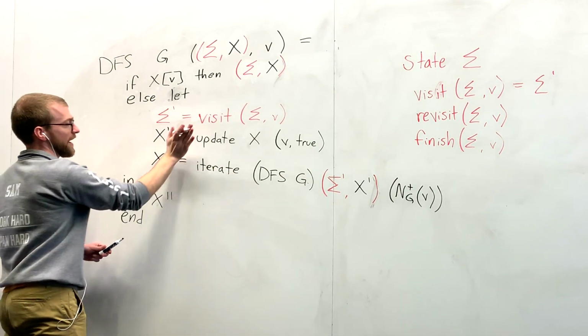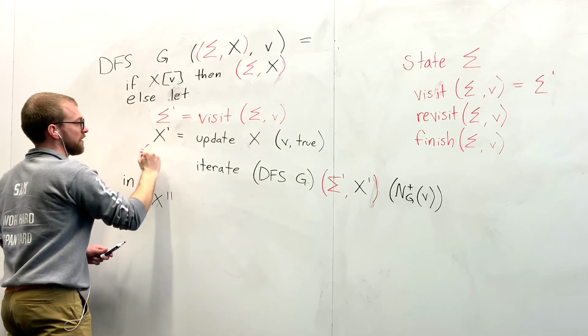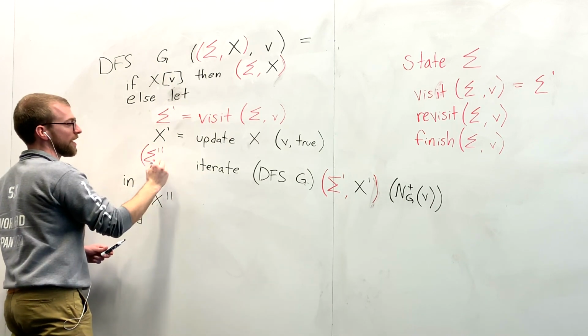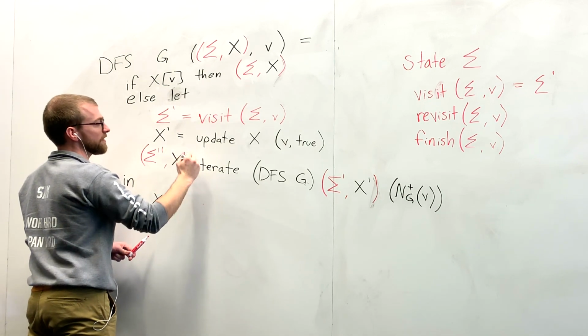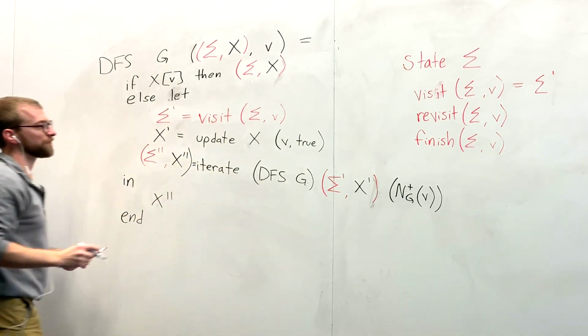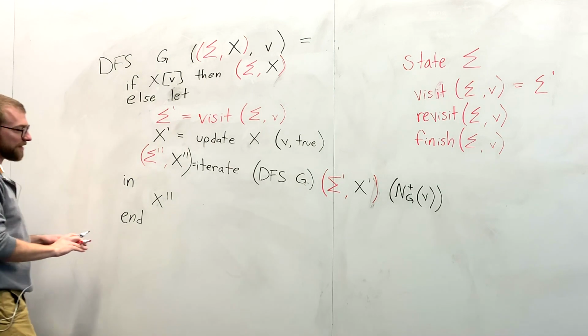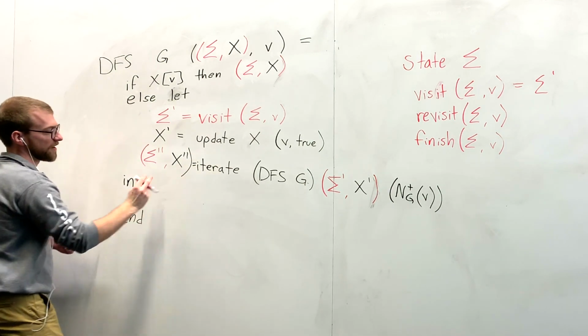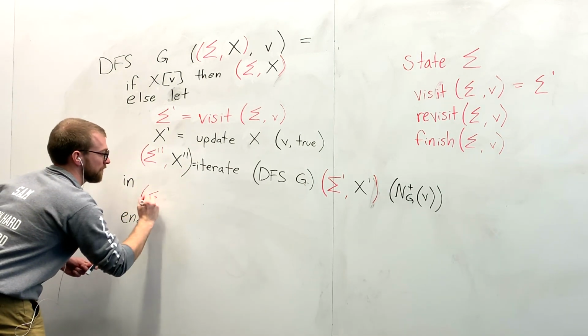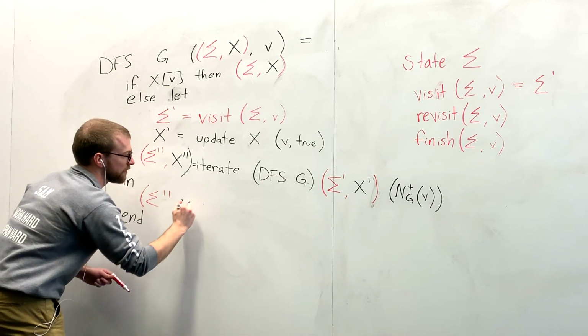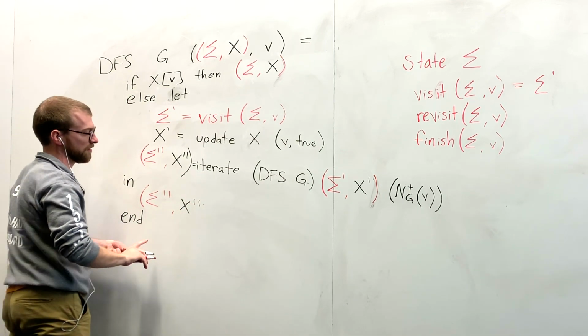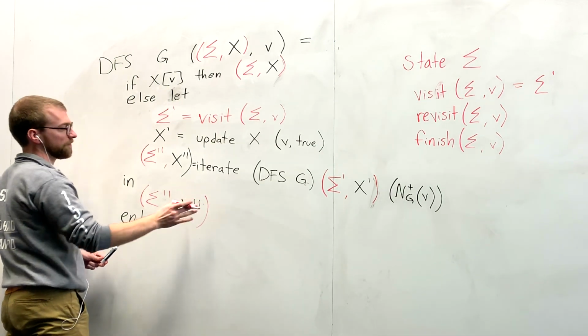So this is going to give us back a sigma double prime, and then the x double prime, the visited set. And finally, we just have to return the final state value together with the final visited set.